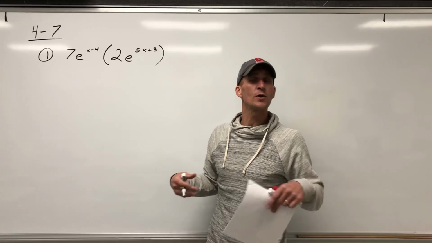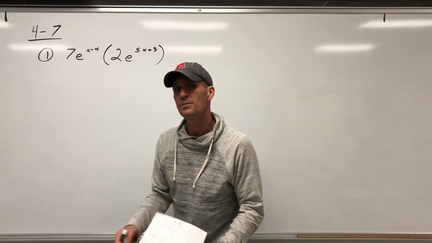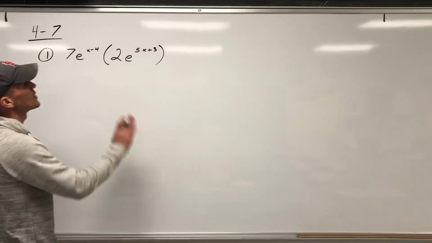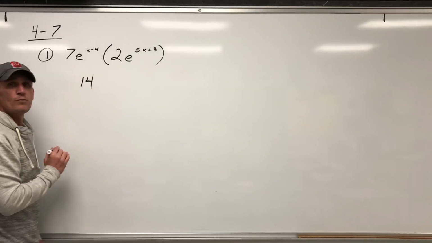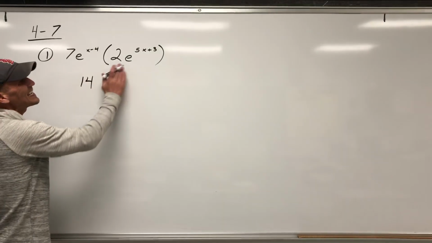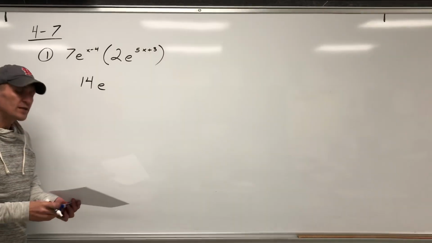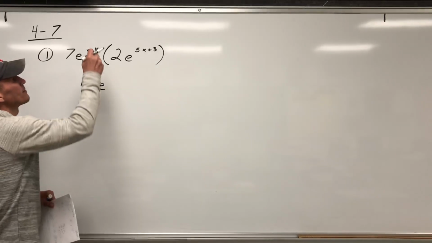So what we want to do is go back to our Algebra 1 bag of tricks and think about, what do we do to the pieces in a multiply problem? Well, the coefficients, or the large numbers, we actually multiply. Then we write down our variable, and again, e is not really a variable, but we can treat it like one. And then we have to know, what should we do with exponents in a multiply problem?